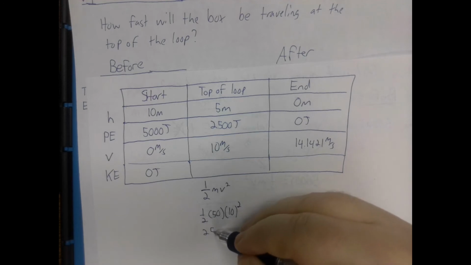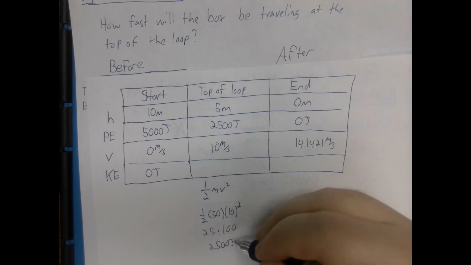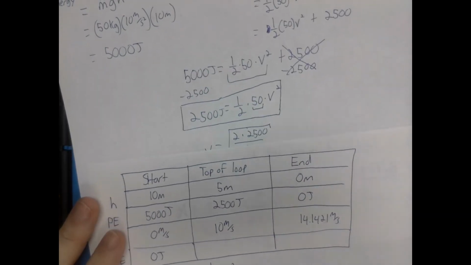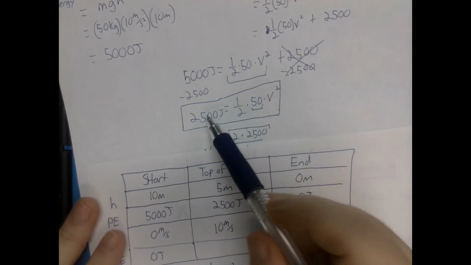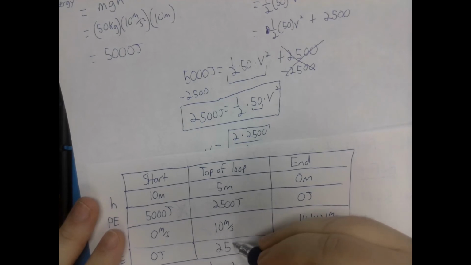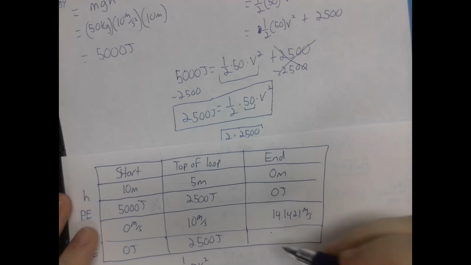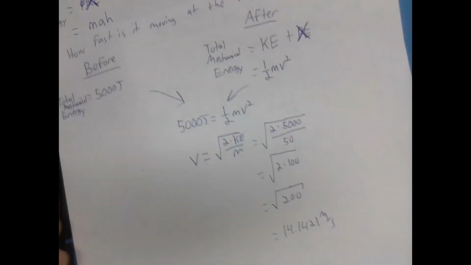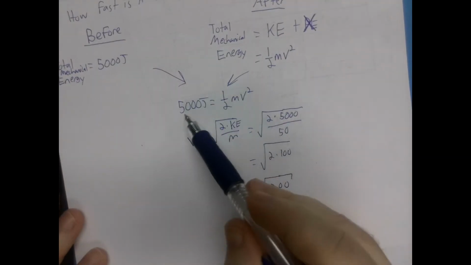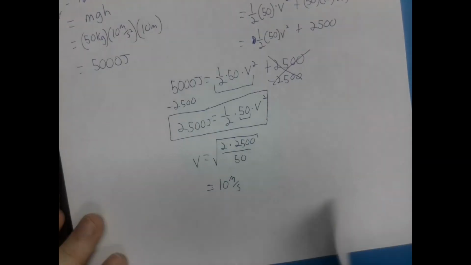Half of 50 is 25 times 100, so 2,500 joules, which is actually what we calculated right here. And at the very end, the kinetic energy was equal to 5,000 joules.